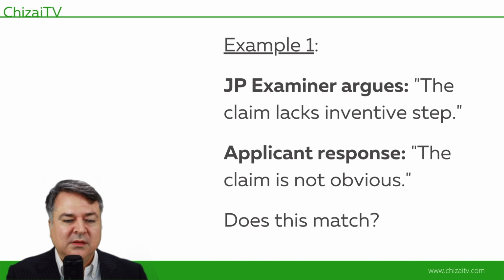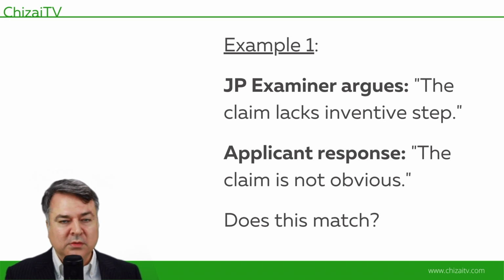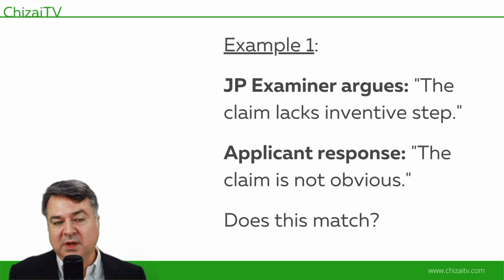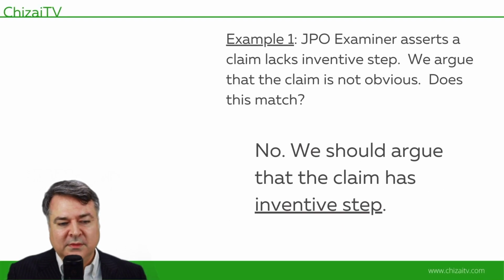So the point is that your response to the argument should match what the examiner is arguing. So, for example, if the examiner is arguing based on inventive step, you should not respond based on obviousness. So here, we should argue that the claim has inventive step. And then how do you argue that it has inventive step? One of the ways to do that is by arguing advantageous effects and things like that.